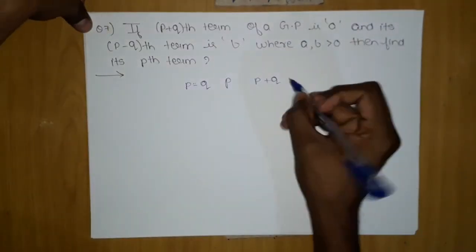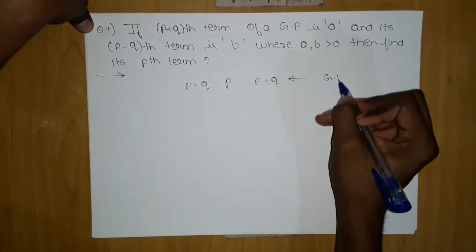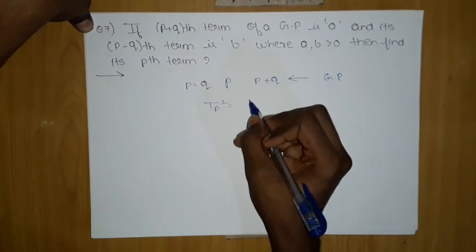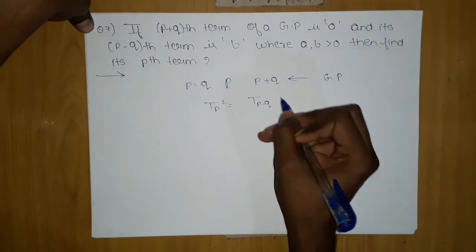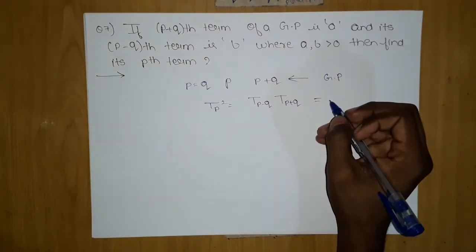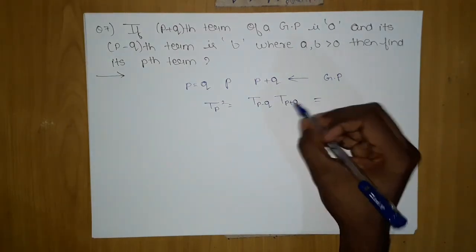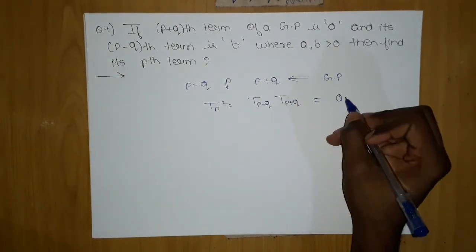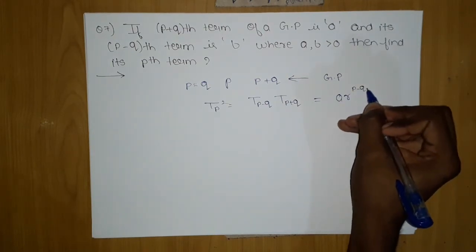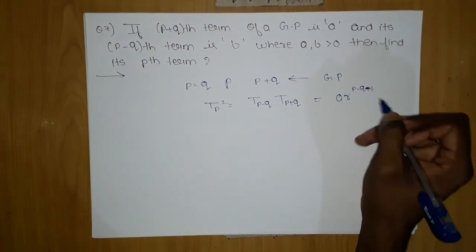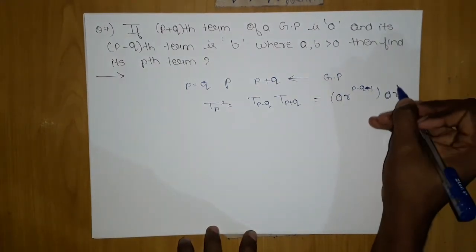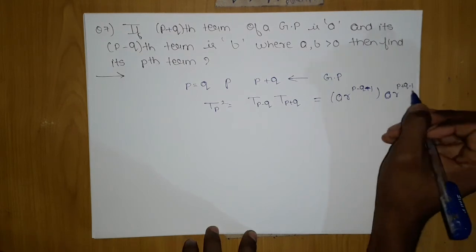And we have discussed this in the GP property, that t_p squared will be nothing but t_(p-q) into t_(p+q). So let's do this. This will be a r^(p-q+1-1), and this will be nothing but a r^(p+q-1).